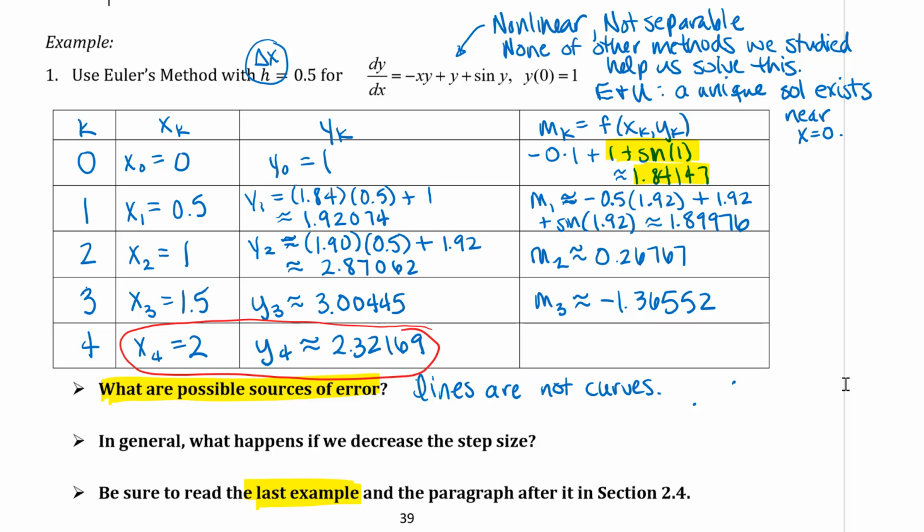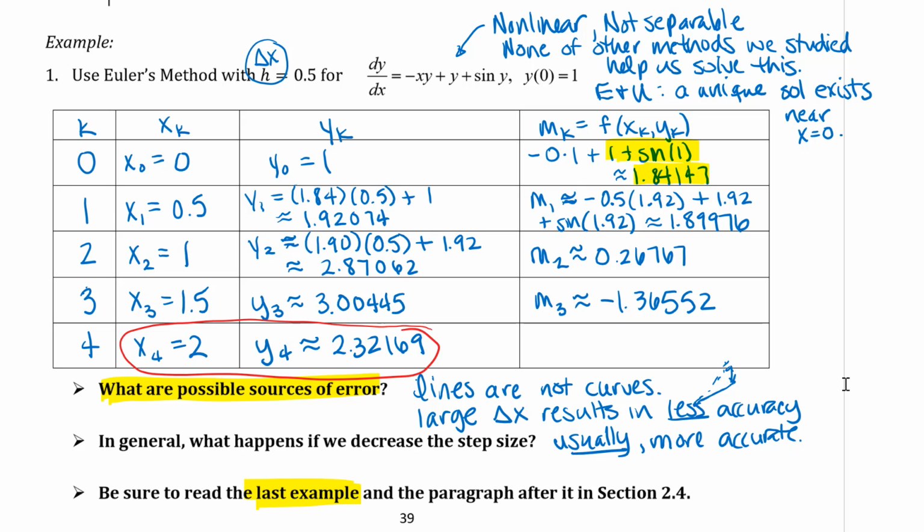And if you've used a line segment to approximate and the curve really went in a different direction, you're going to end up off by quite a bit where you end up with that second point. So in general, a large delta x or h value results in less accuracy. And that sort of also answers that next question.